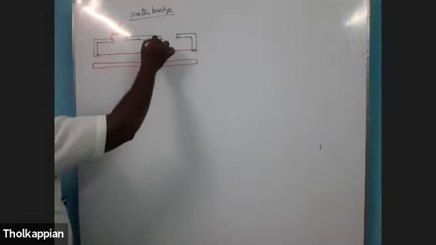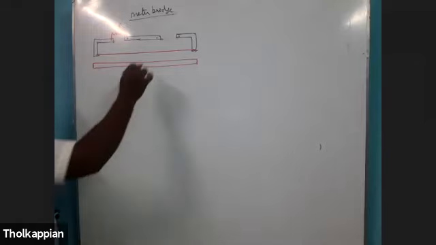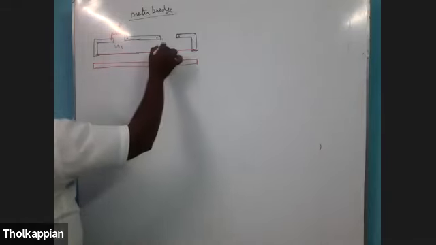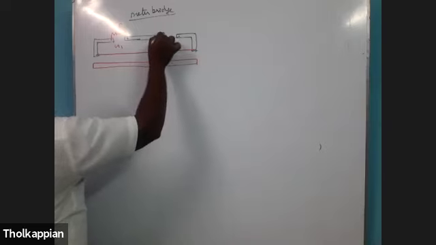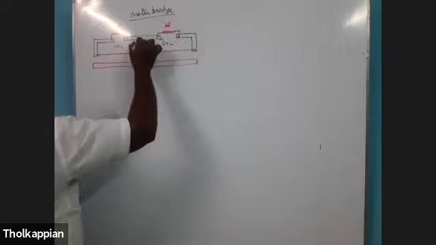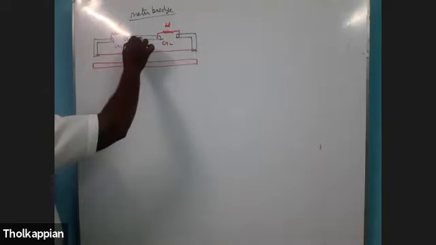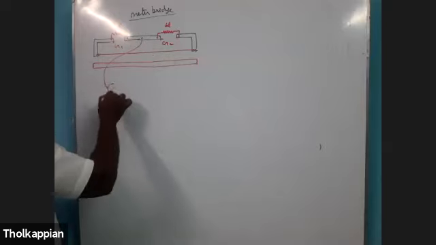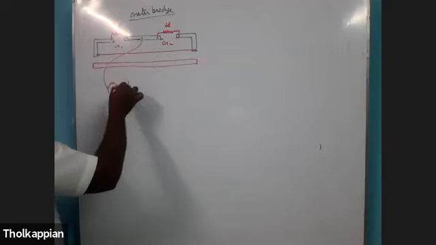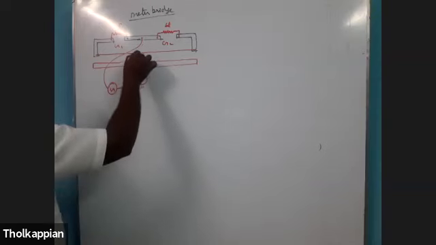Consider this as P. And one more resistance is given in the gap. This is gap 1, this is gap 2. One more resistance is given in gap 2. This is Q, and it is the center point. At that center point we can give the galvanometer and one more high resistance, connected to a jockey.